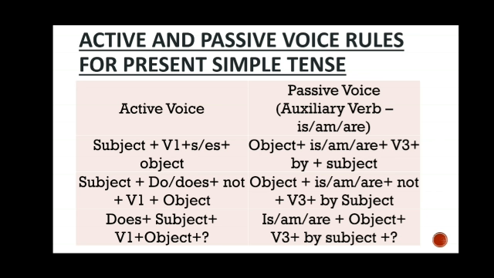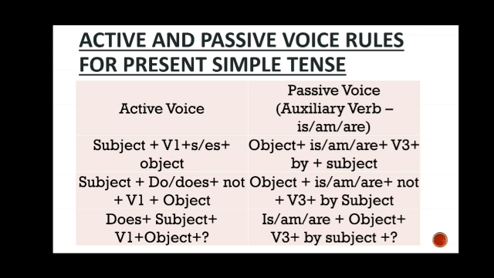Okay, and while you are changing these sentences into passive voice, see what you will do. Here subject, verb first and then object is given. When we are changing active to passive, at first we write the object. Object will come first, and then according to the object, if the object is singular, you will use is.